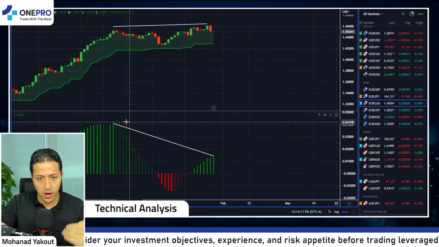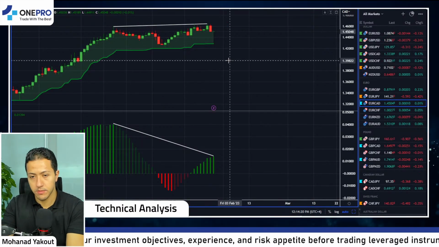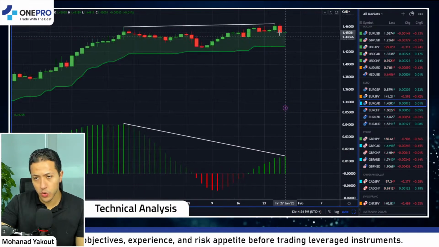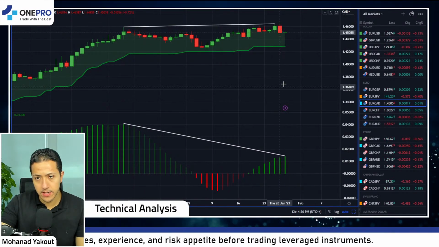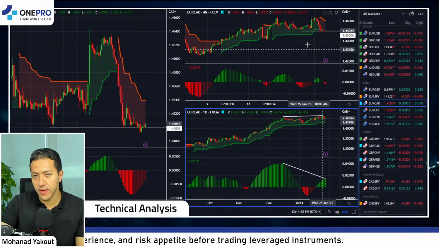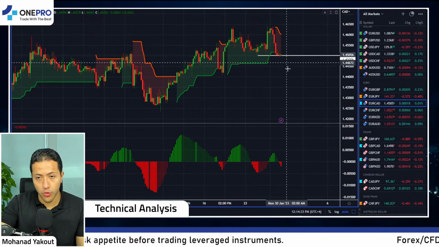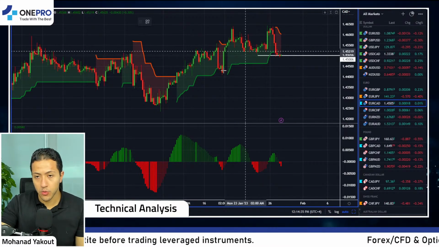However, it's a lower high on the momentum indicator. So it's a clear bearish divergence. And yesterday was also a great engulfing candlestick. So we do believe that the Euro Canadian has more room for a downward move.